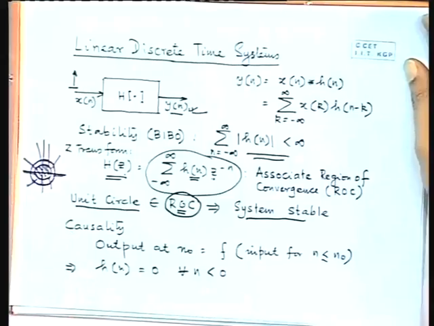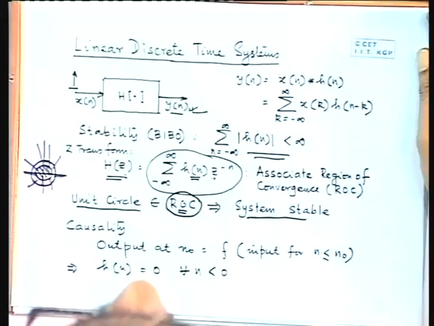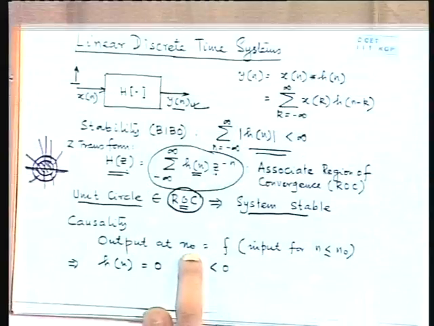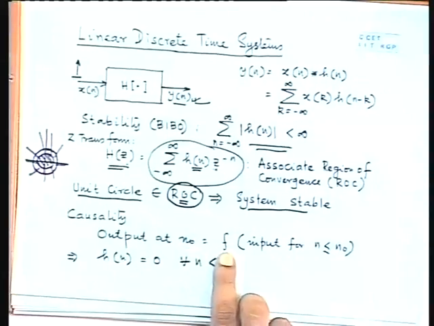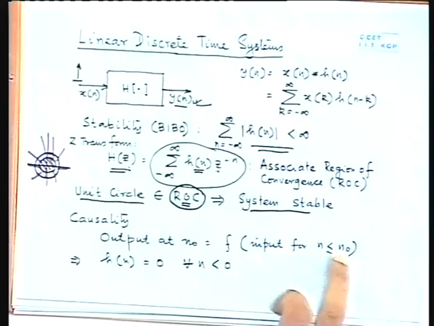Another thing that we are talking about is causality. Causal means that nothing can be affected by the future, in short. Things can be affected only by the past. So the output at any time n0 must be a function of inputs for n less than or equal to n0.